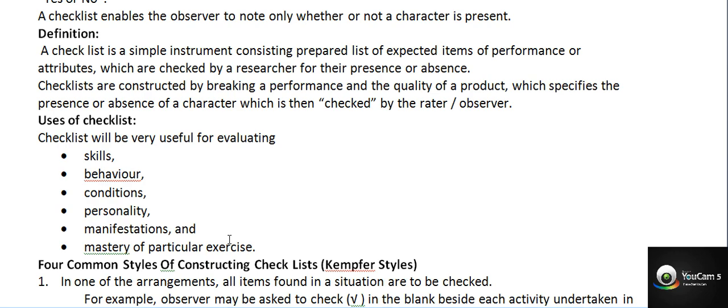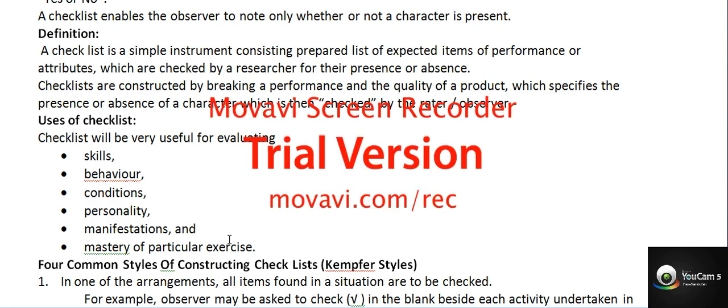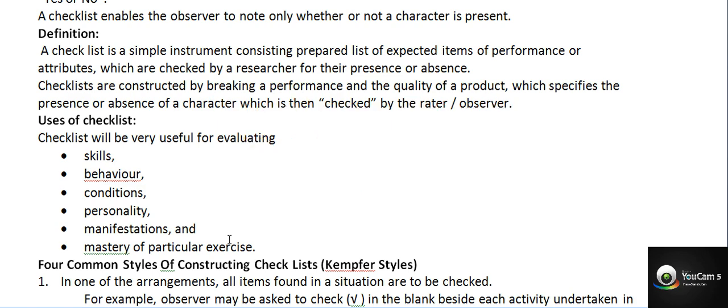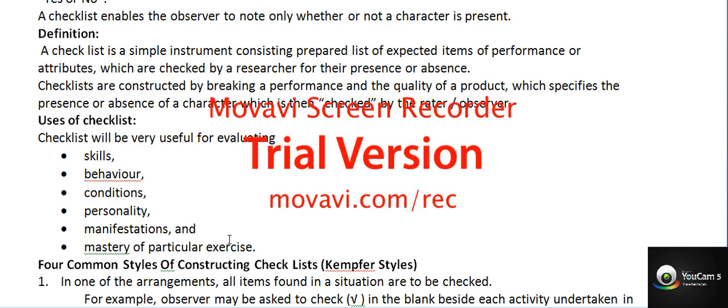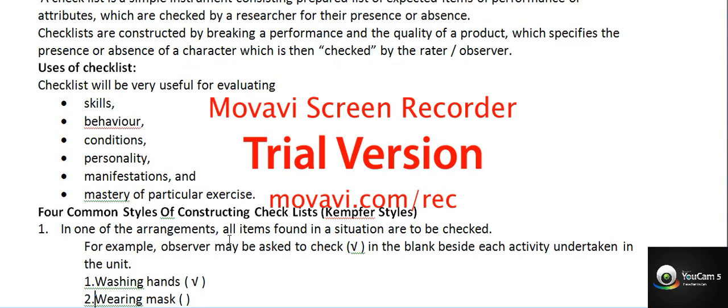Checklists are very useful for evaluating skills, behavior, conditions, and personality. The condition can be a personal condition or an environmental condition. They are also used for manifestations, mastery of a particular exercise, or the performance of any procedure. For these things we use a checklist as a tool or instrument.